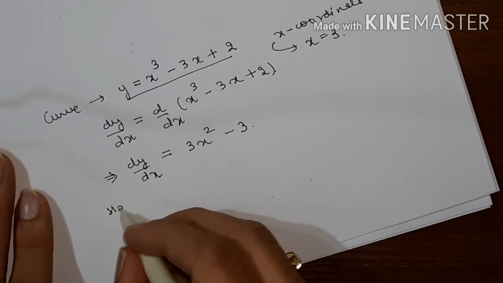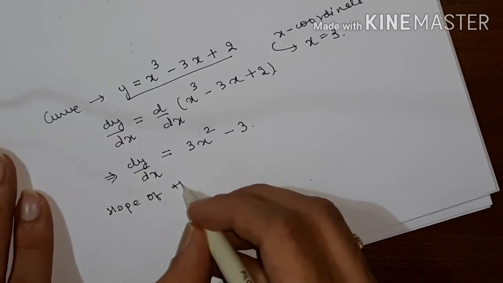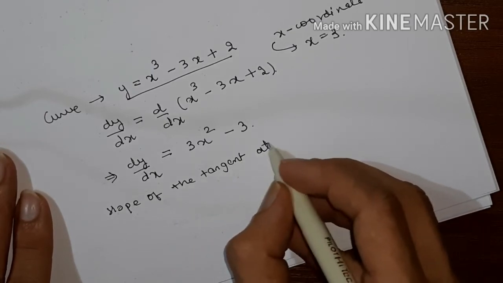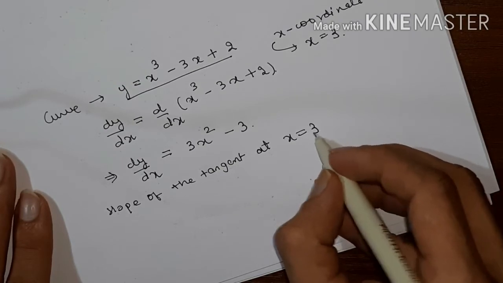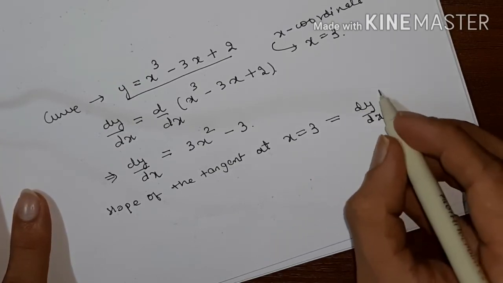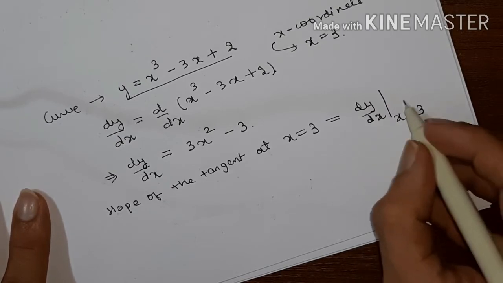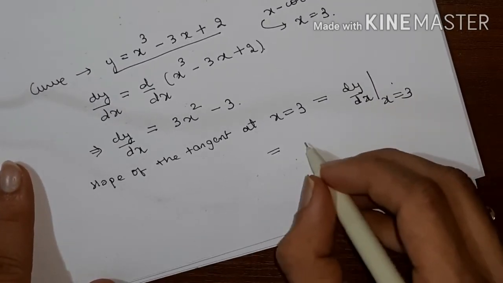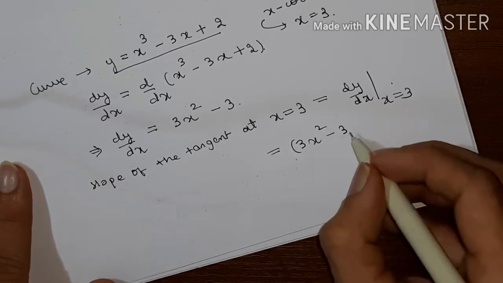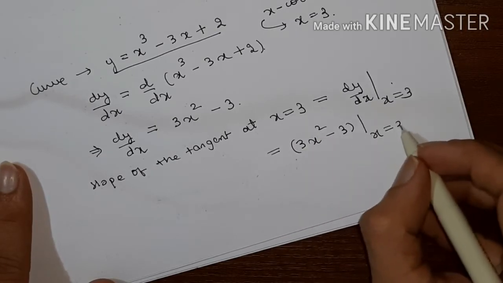Now we can find the slope of the tangent at x equal to 3, which is dy by dx at the point x equal to 3. That is 3x square minus 3 at x equal to 3.